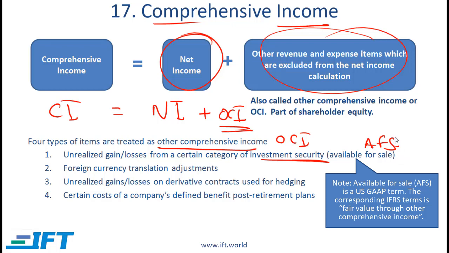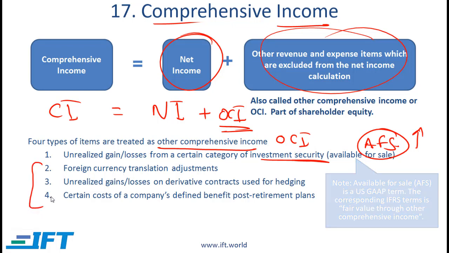This means that if the value of an AFS security goes up, that is a gain, but this gain is not shown in the income statement. It is shown in the equity segment of the balance sheet as other comprehensive income. We will see this in detail in the next reading on the balance sheet.